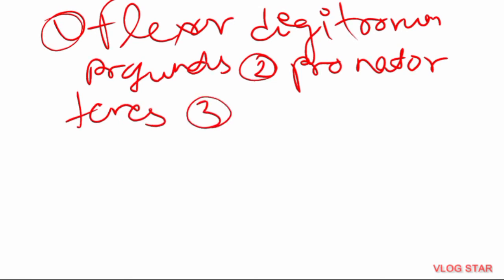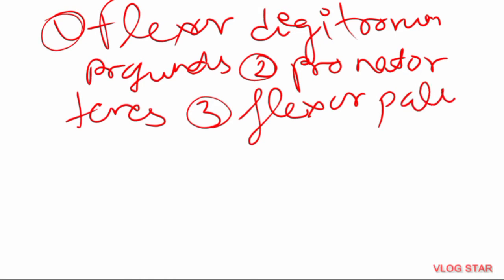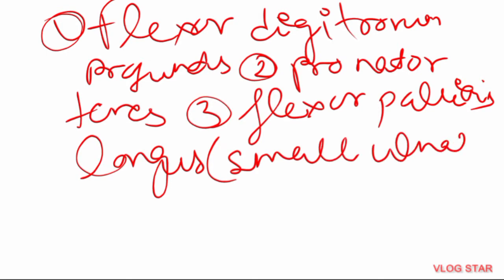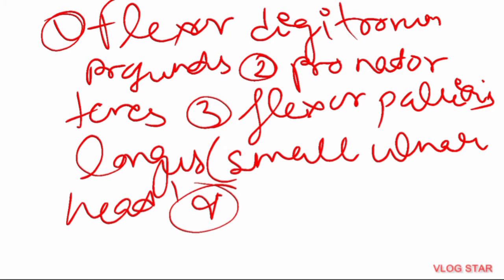Third is flexor pollicis longus, and this is on the small ulnar head. And the next one is flexor digitorum superficialis.